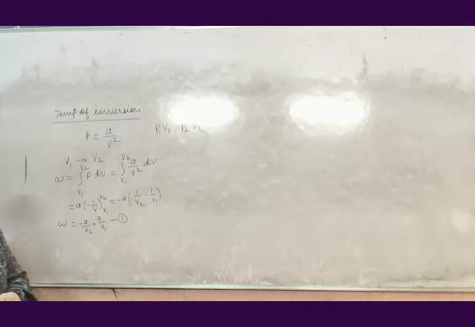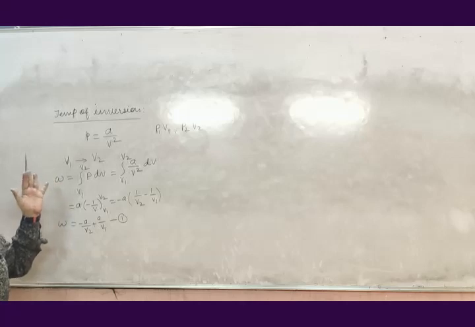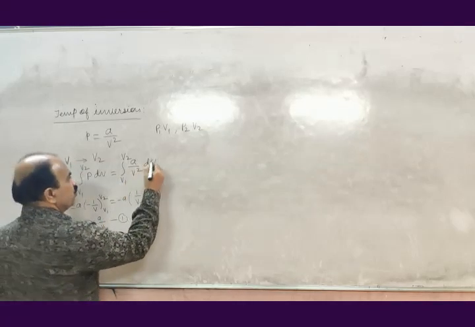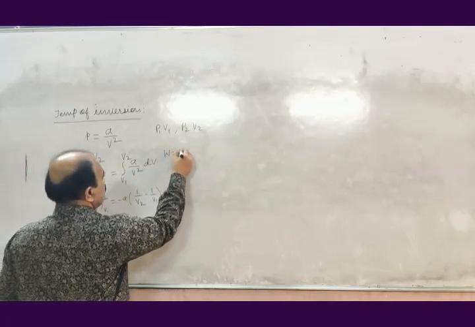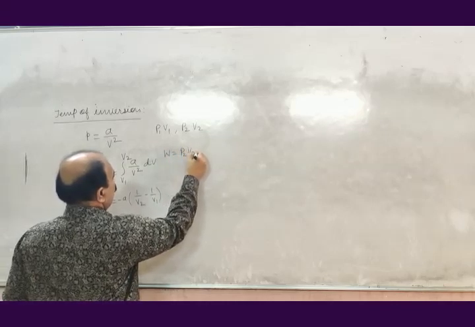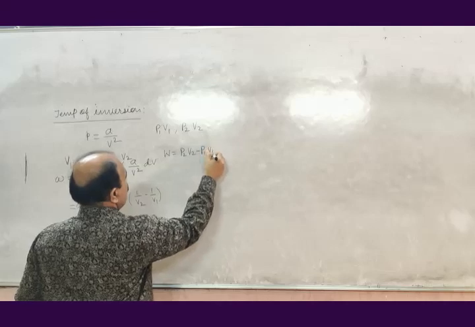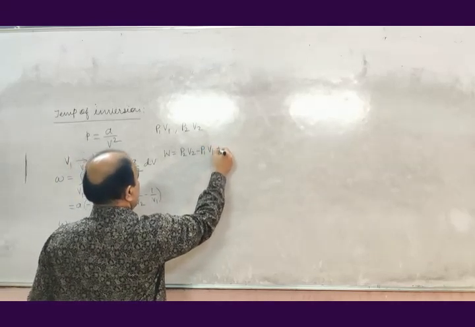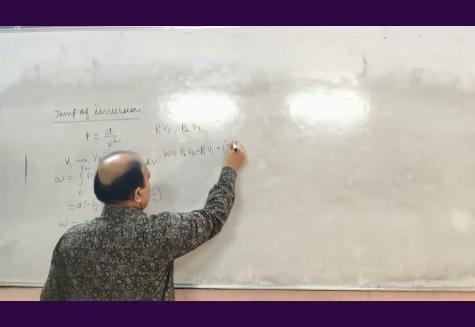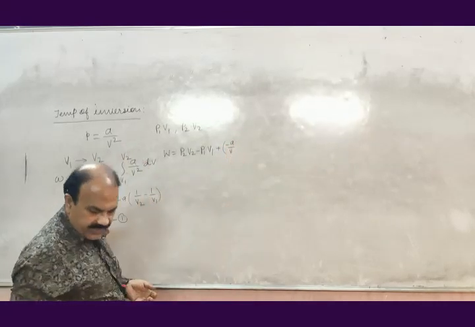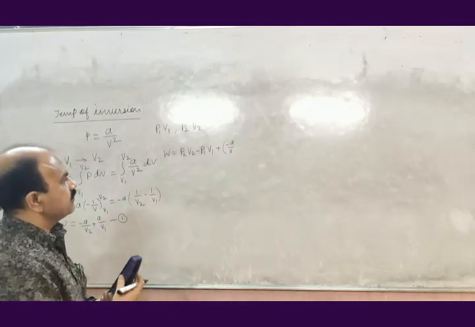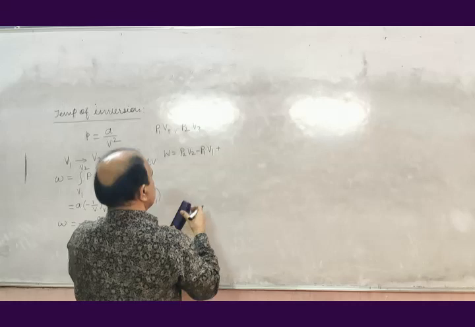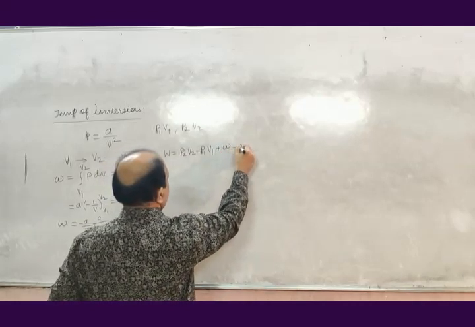And therefore, total work done in expanding the gas from volume V1 to V2 is capital W is equal to P2 V2 minus P1 V1 plus small w, equation number 2.